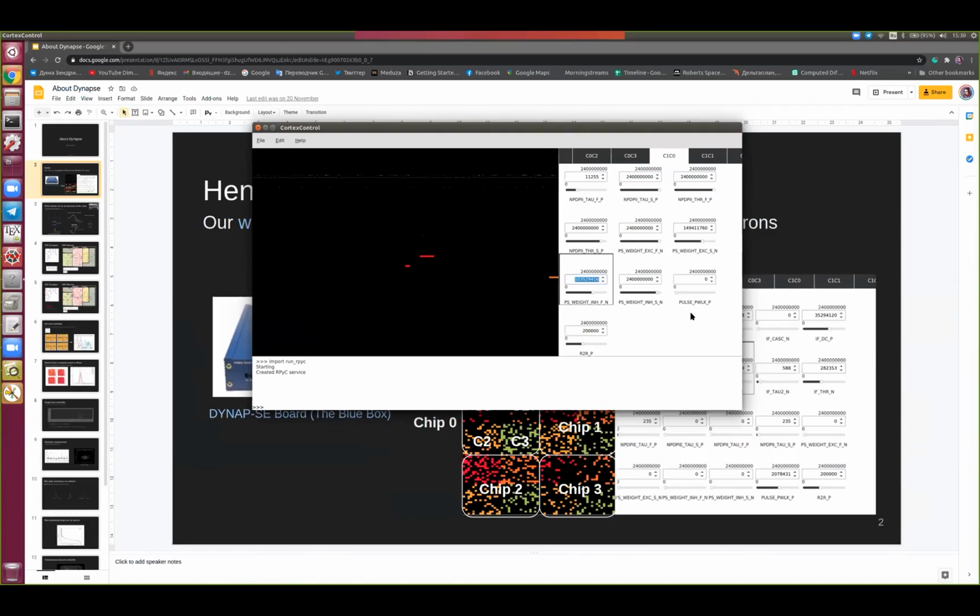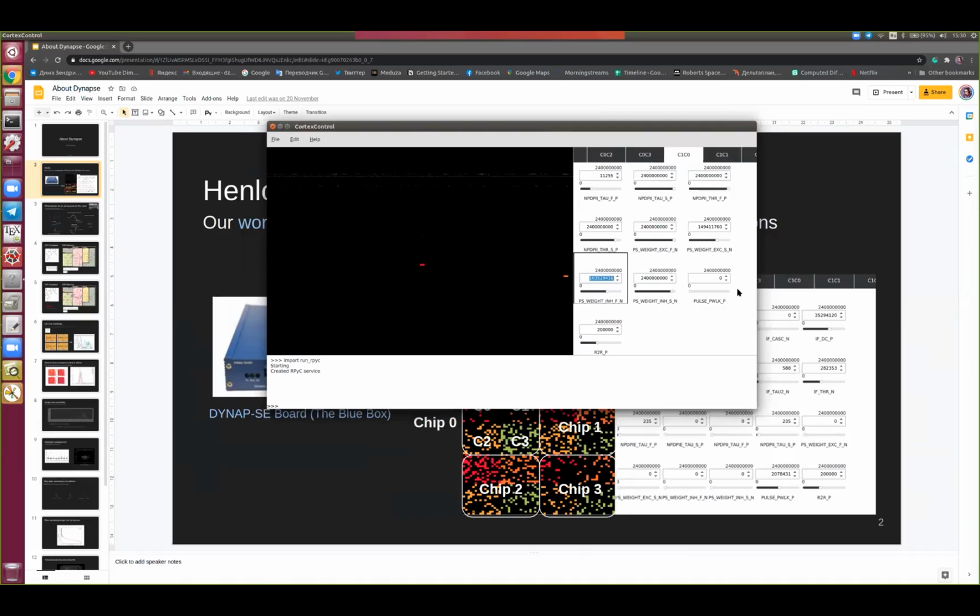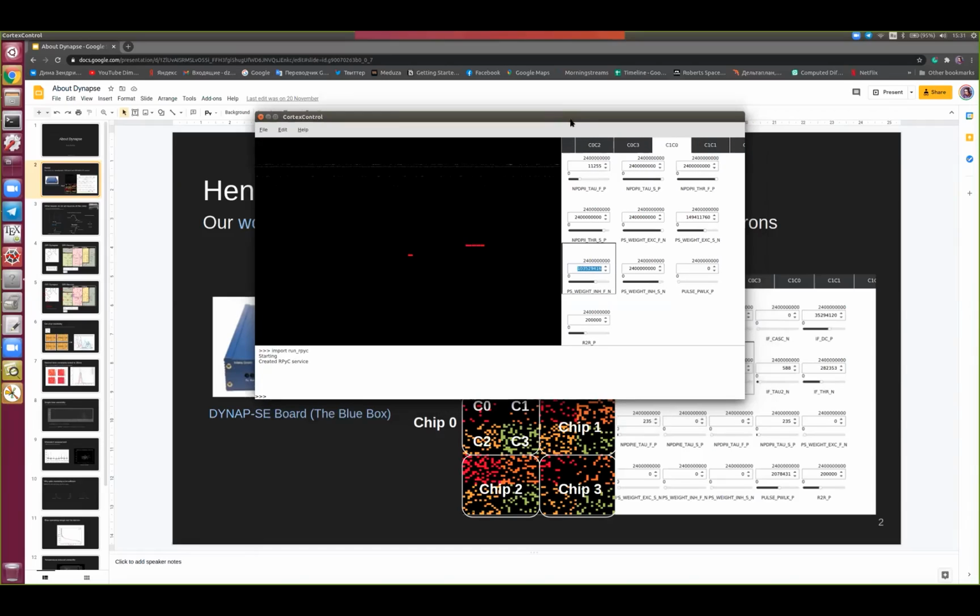And there are some constraints to how exactly you can tune your network. But generally, you can connect any neuron of these 4,000 neurons to any other, and a lot of people at NE experiment with what kind of networks you can make work on Dynap-SE.